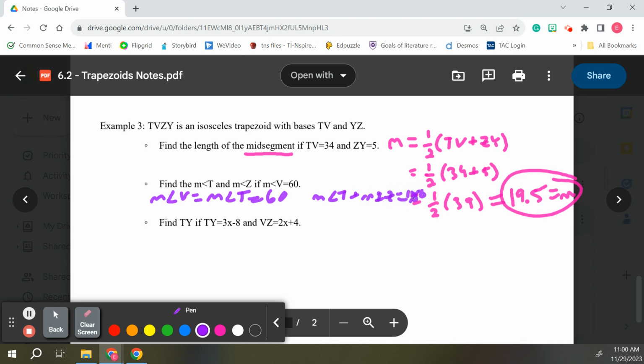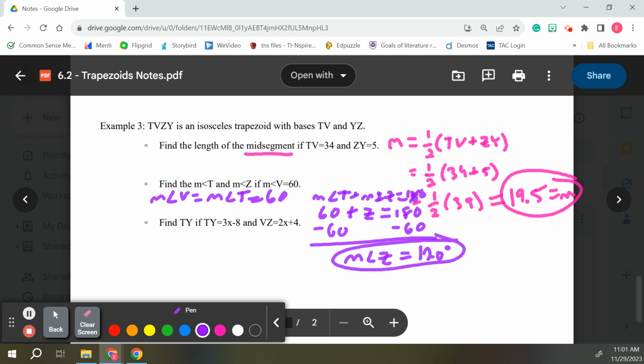So this is going to be 60 plus Z equals 180. Subtract 60 from each side. So in this case, the measure of angle Z is equal to 120 degrees. So we got all the angles there.